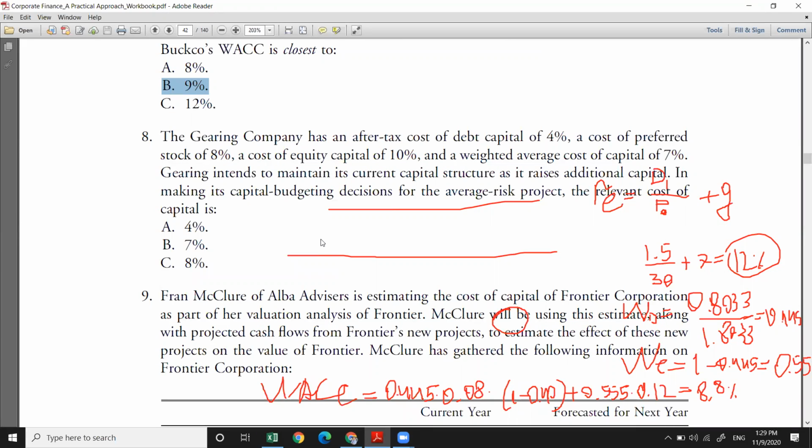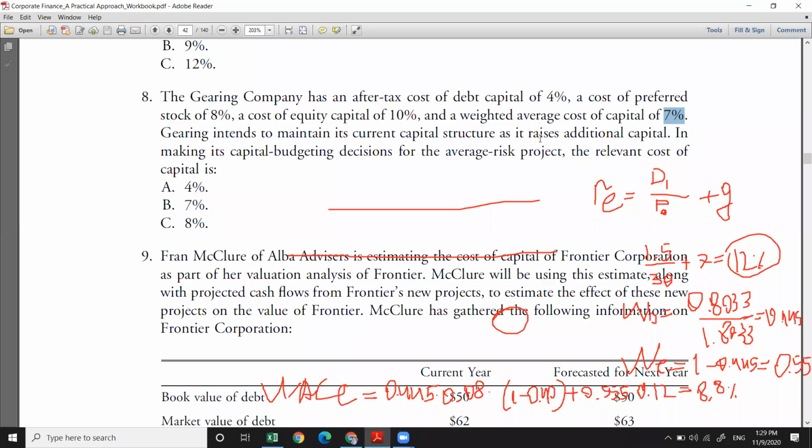Question 8. The gearing company has an after-tax cost of debt capital of 4%, the cost of preferred stock is 8%, the cost of equity capital is 10%, and the weighted average cost of capital is 7%. Gearing intends to maintain its current capital structure as it raises additional capital.